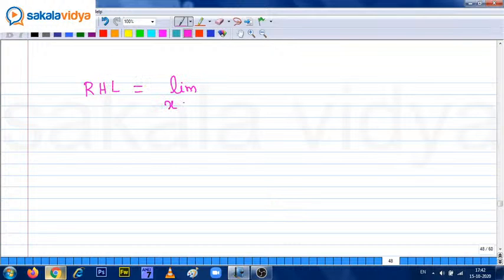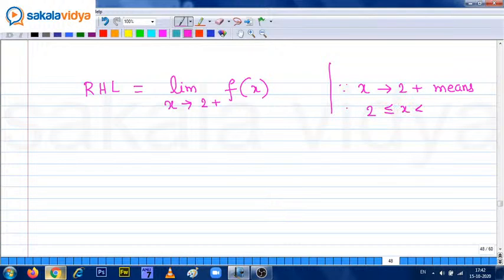Limit x tends to 2 plus f of x. Here the interesting factor is that x tends to 2 plus means here we need to consider x in between 2 to 3, 2 less than or equal to x, x less than 3.